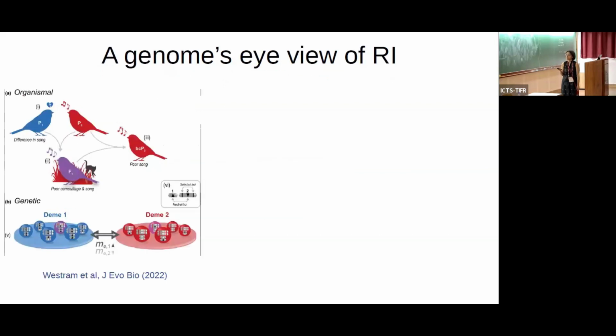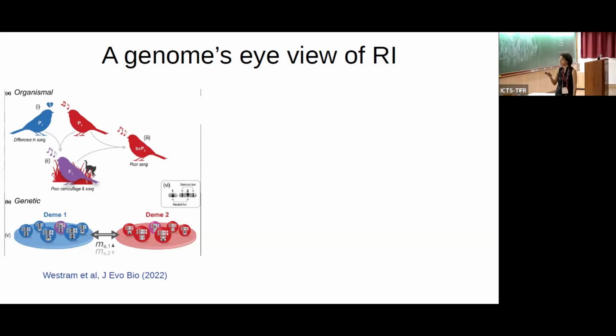And so one way of doing this is to take a genetic perspective, really. But before that, when we think of different subspecies, as we were saying, there are often morphological differences.